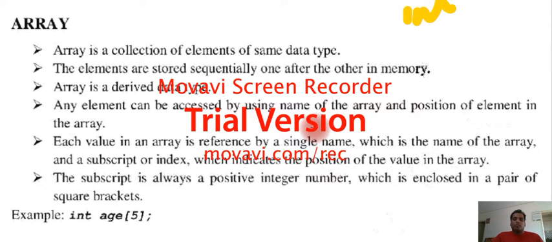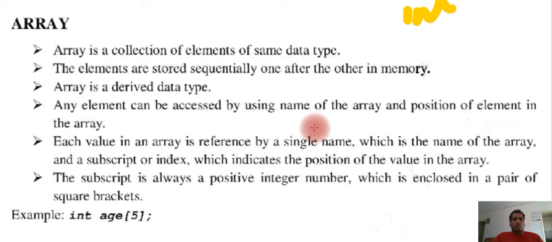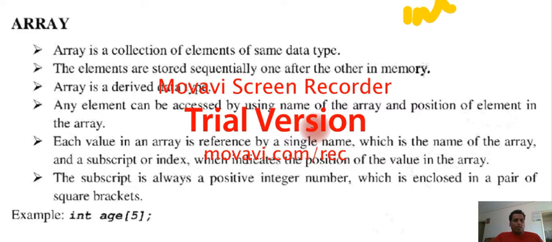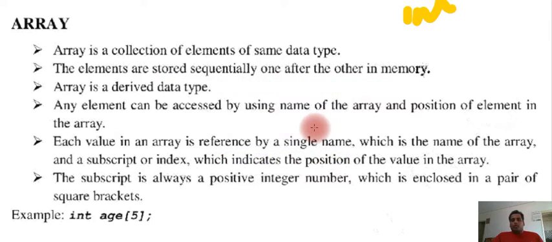For example, if you want to store your marks, how will you store them? Either you can store the marks in m1, m2, m3, m4, m5, making 6 variables and storing one inside each.